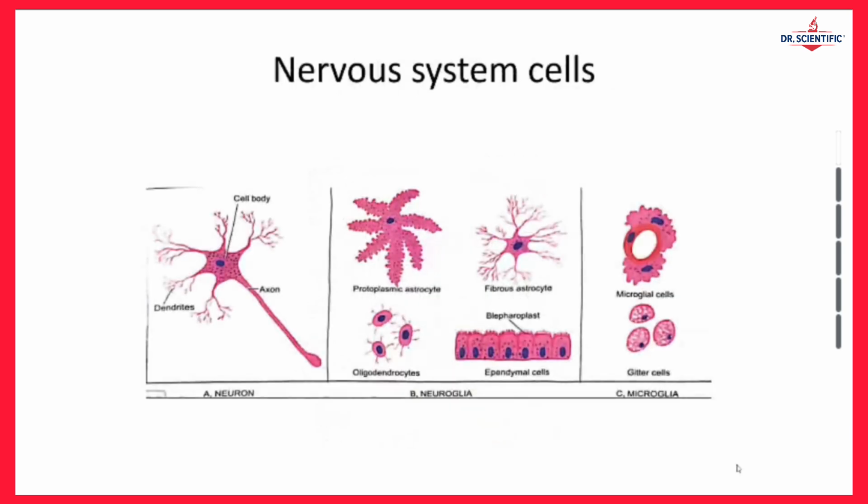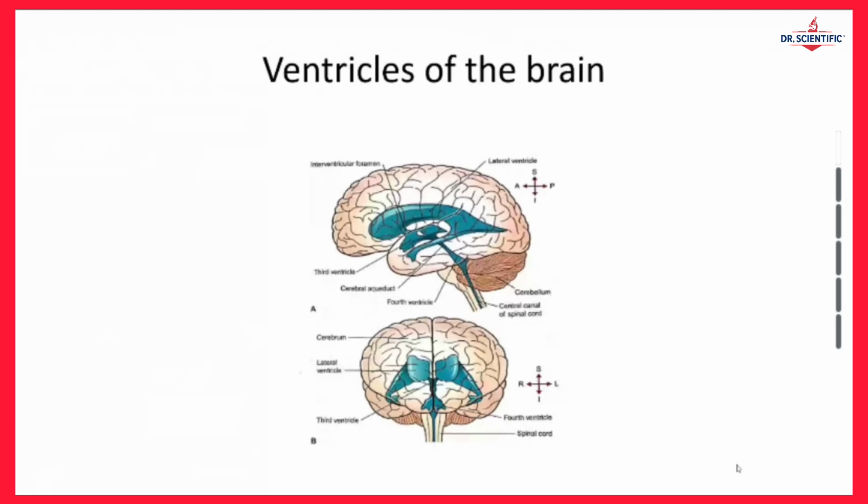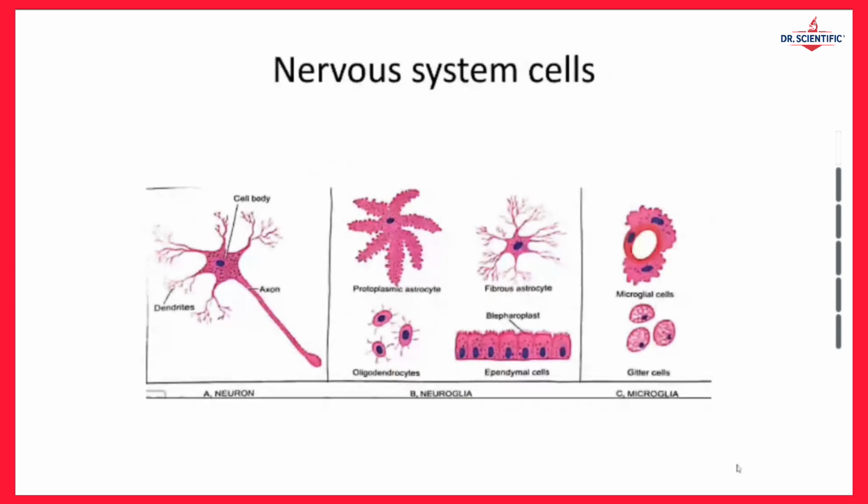So there should be that circulation of the CSF. And you can see in another view, A is looking at it from the lateral side, and B you're looking at it from the coronal view. Those are the ventricles.